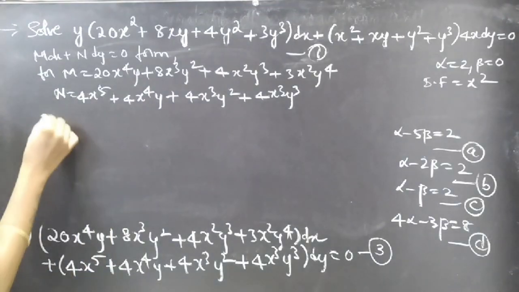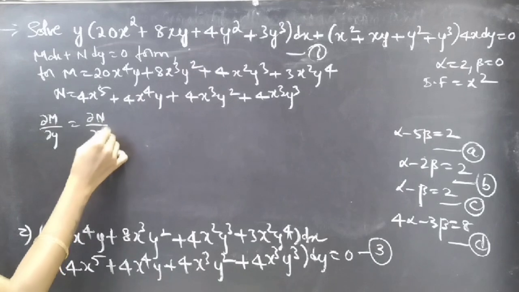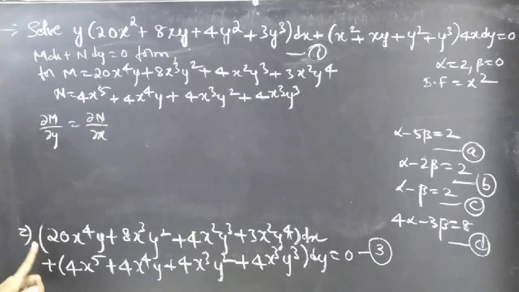Okay, if the partial derivative of M with respect to y equals the partial derivative of N with respect to x, then we can say that the reduced equation 3 is an exact equation.